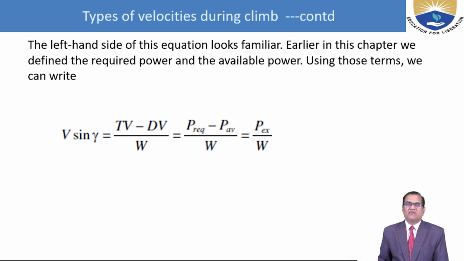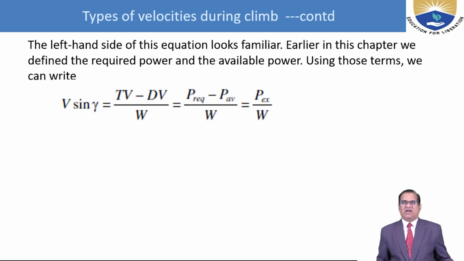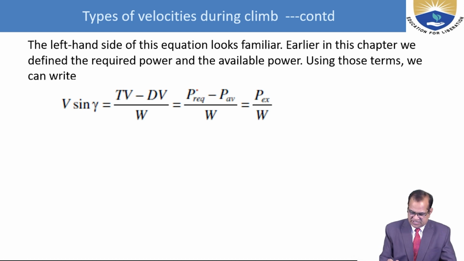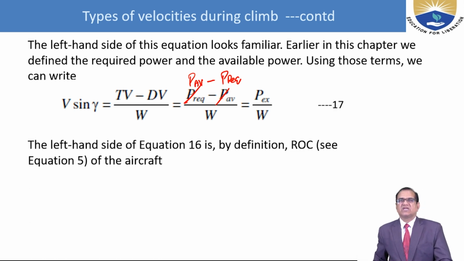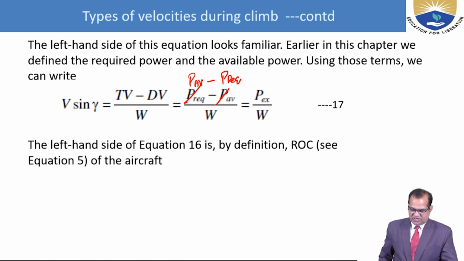Using those terms, we can write that V sin gamma is equal to (TV minus DV) by W, or (P available minus P required) divided by W. So it is the excess power divided by W. The left hand side of equation 16 is by definition the rate of climb. So rate of climb is equal to V sin gamma.